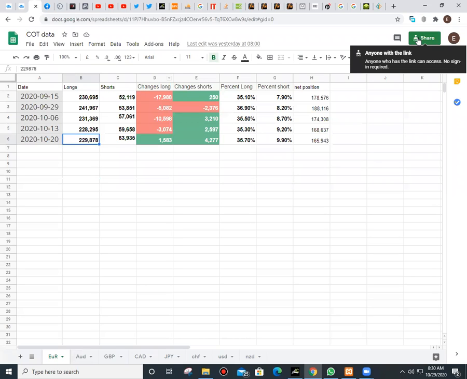So we will see a push to the upside. Maybe. Yes. Remember this. Next week, elections of the United States.